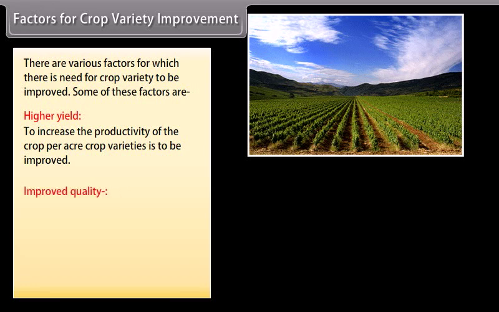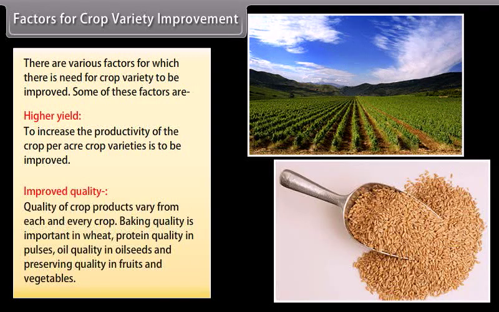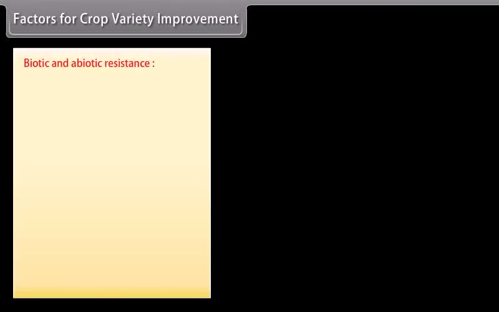Improved quality. Quality of crop products vary from each and every crop. Baking quality is important in wheat, protein quality in pulses, oil quality in oilseeds, and preserving quality in fruits and vegetables. Biotic and abiotic resistance.